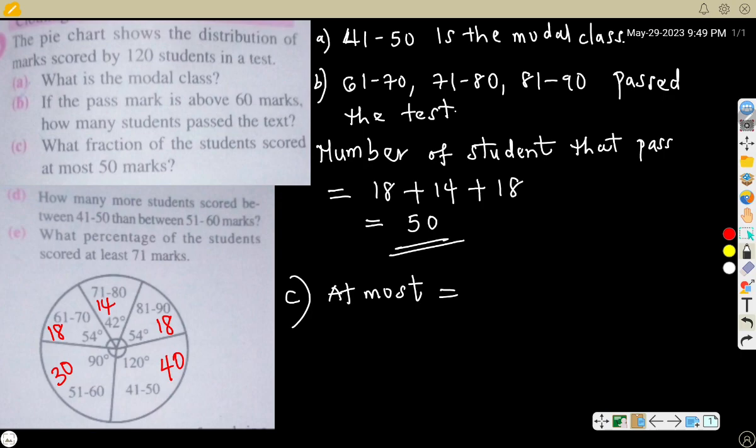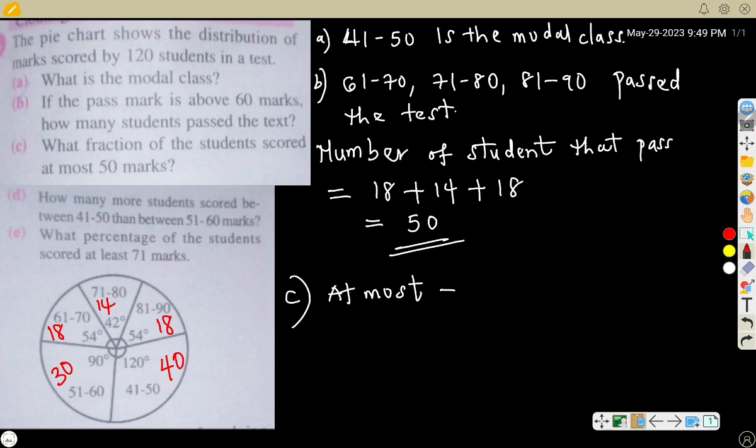So what fraction of the students scored at most 50 marks? Number of students that scored at most 50 marks. Look at your interval given. You will ignore this one because this is more than 50. You will also ignore this one. 51 to 60 is out because it's at most 50.